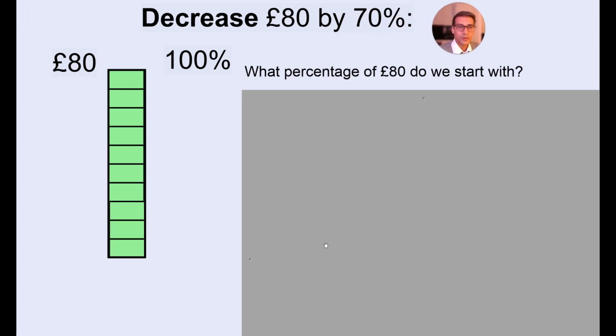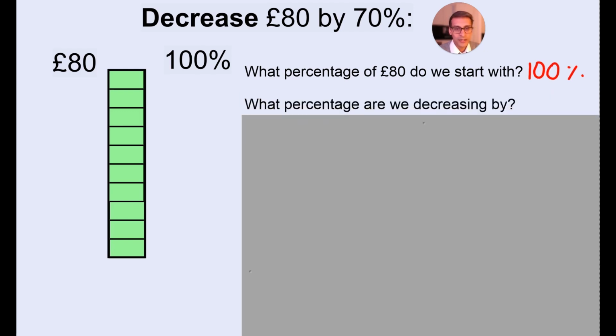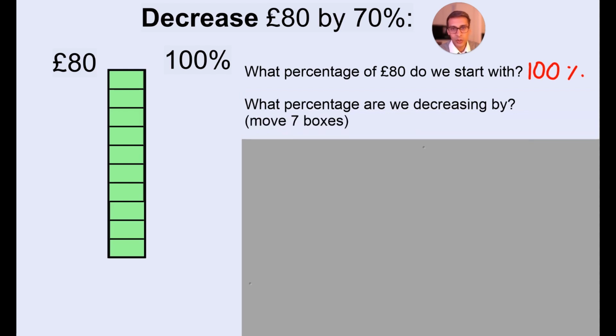Okay, let's do another example. Decrease £80 by 70%. Okay, so what percent do we start with? We know we start with 100%. What percentage are we decreasing by? Well, we're going to take 70% off, so I'm going to move 7 boxes. 1, 2, 3, 4, 5, 6, 7.